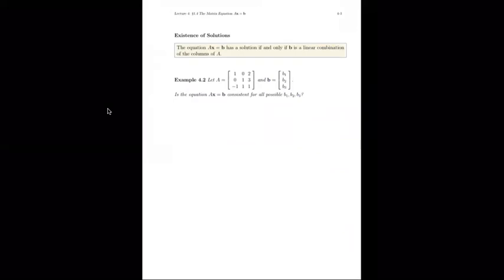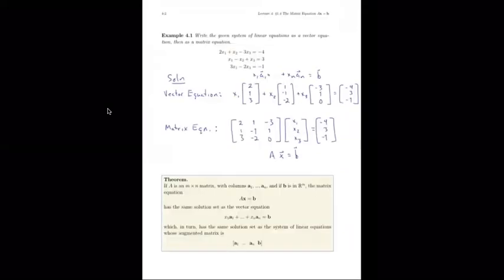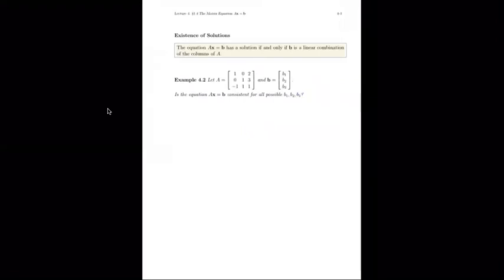If these two things are the same statement, then if AX equals B has a solution, that means there's a vector X such that this linear combination is equal to B, and that's exactly what this result is saying. B is a linear combination of the columns of A.